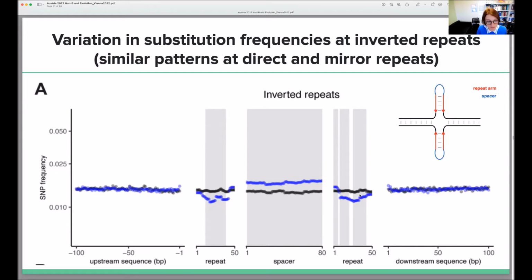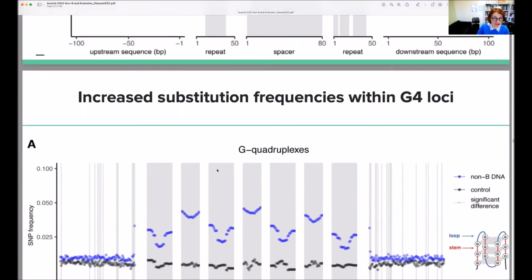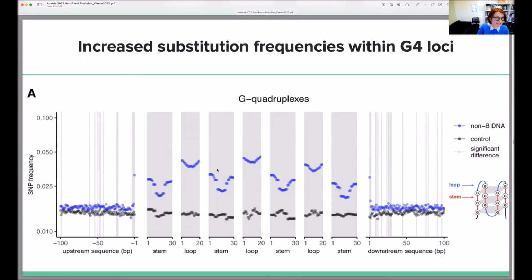But in repeats themselves, there could be gene conversion homogenizing SNPs there. And within G quadruplexes, we could find the elevated SNP frequency both in the stretches of Gs, we call them stems, but also in loops. These are the nucleotides between stretches of Gs. So there is increased substitution frequency within G4 loci, and this was confirmed by our analysis of divergence.